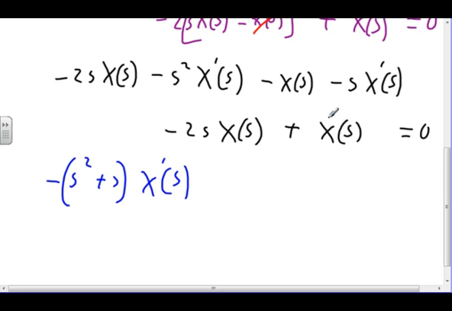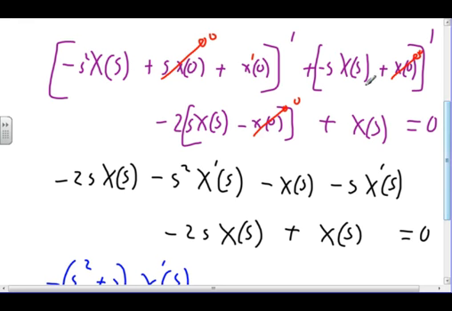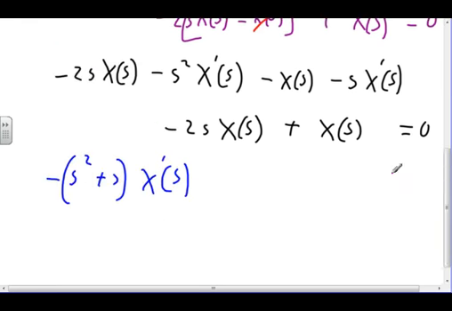Those two cancel each other out. I'm taking the derivative. Those two cancel each other out. Boom, boom. And these two come up with minus 4s x of s is equal to 0. Right.